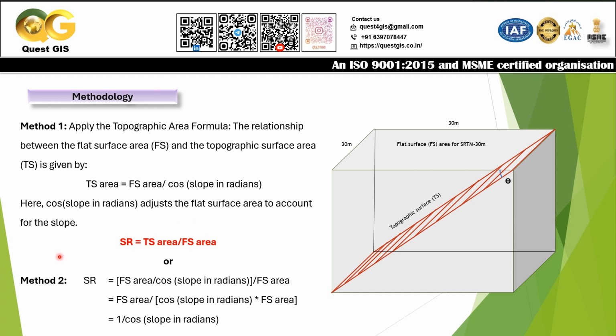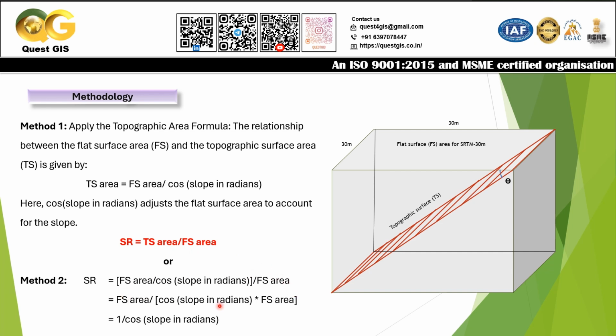Then the surface roughness, as we said, the formula is topographic surface area divided by flat surface area. If you replace the topographic surface area with its value, it is flat surface area divided by cos of slope in radians, brackets closed, divided by flat surface area.